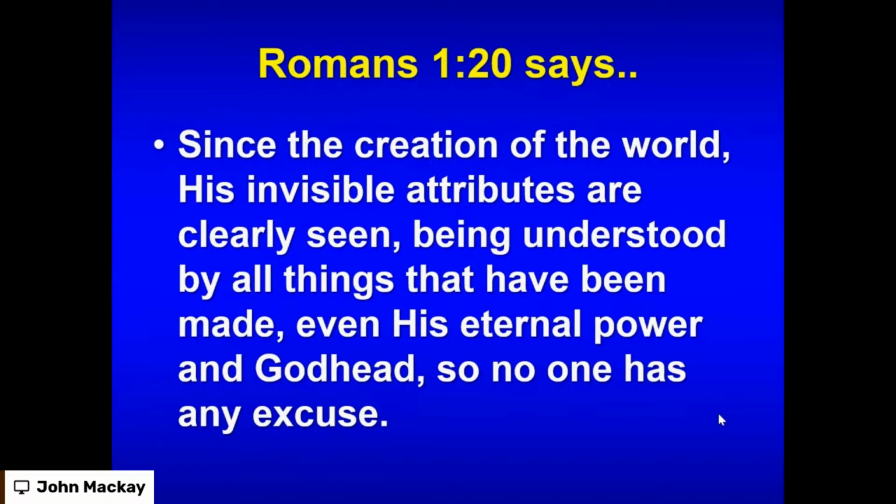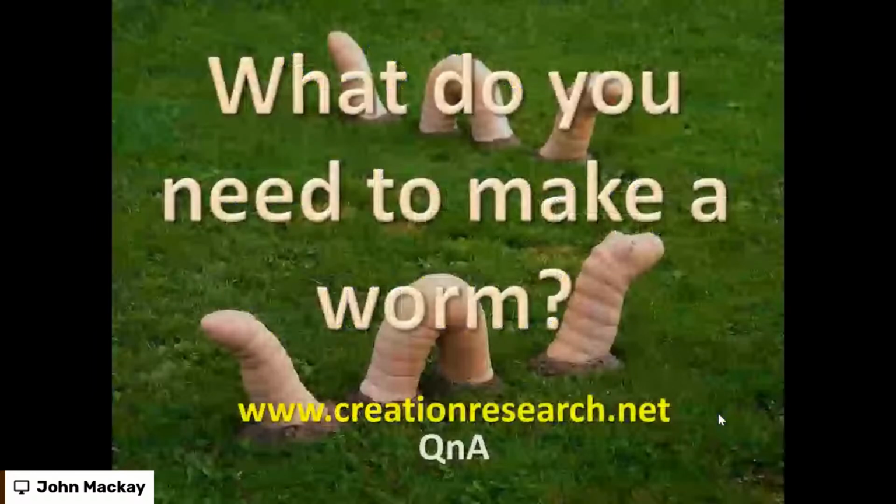Since the creation of the world, God's invisible attributes are clearly seen, being understood by David Attenborough, Richard Dawkins, the ABC, the BBC, etc., all things that have been made, even his eternal power and Godhead, so no one's got any excuse. So if you've got theologians and scientists saying they can't see it, and the Bible's saying you can see it, where is the problem?